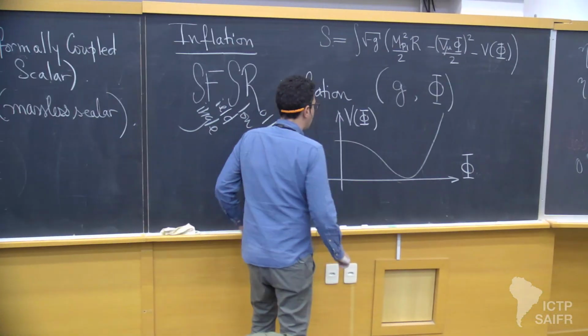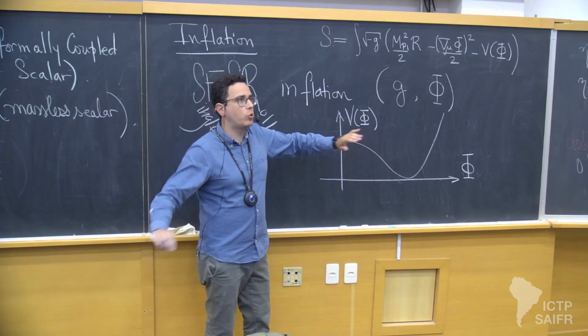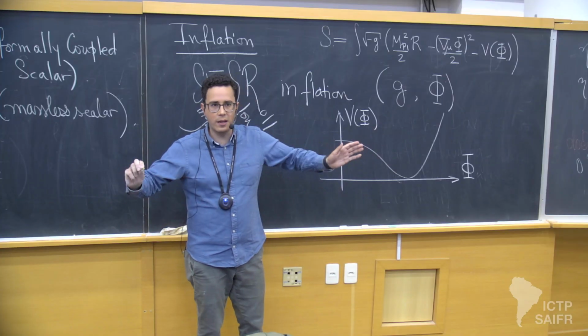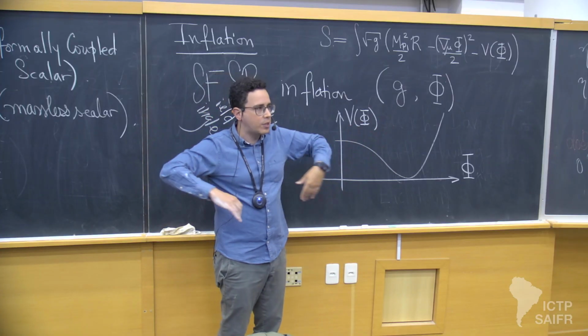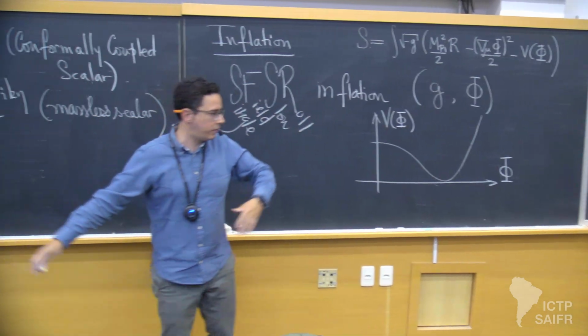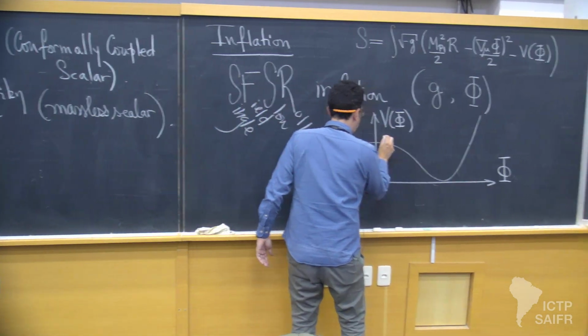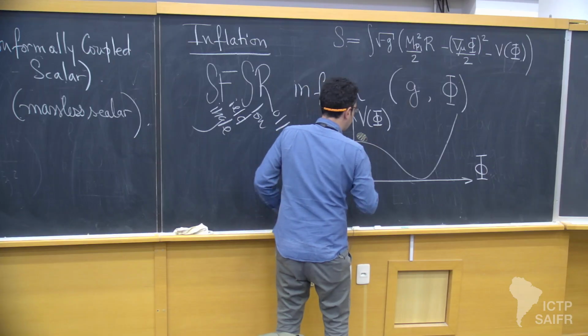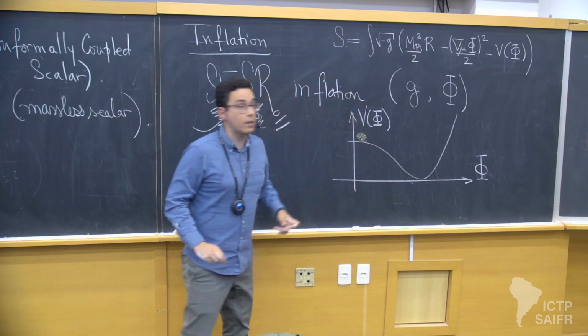Anyway, so I'm going to assume that you start inflating. Once you start inflating, then I think almost everyone agrees that you will inflate. You need to ask the question, why do you start inflating to begin with? And so you need to put the field phi somewhere around here.